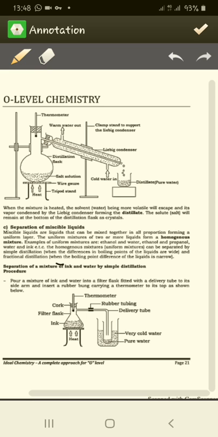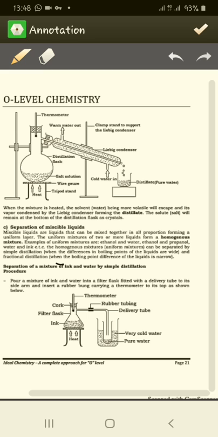A good example of liquids which are separated by fractional distillation is ethanol and water. Their boiling points are near each other, whereby the boiling point of ethanol is 78 degrees centigrade and the boiling point of water is 100 degrees centigrade.